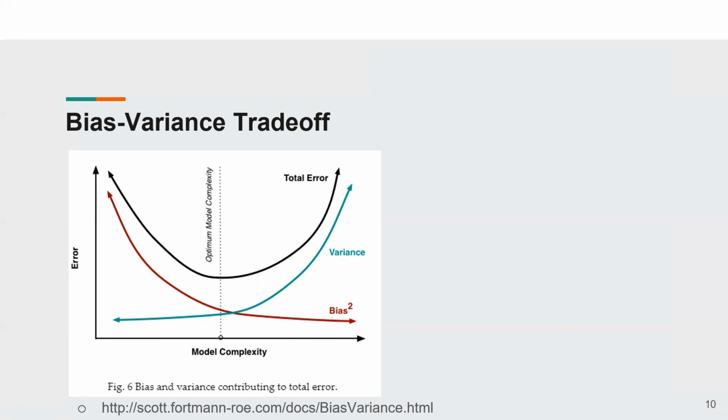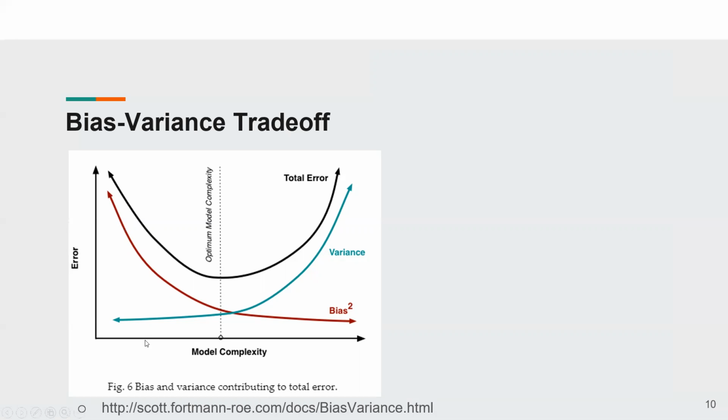So this is an important chart, right? Does it mean that a more complex model would be better? No, not necessarily. Does it mean that the simpler the model is, the better? No, not necessarily.